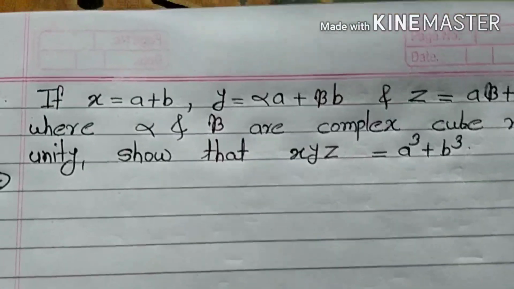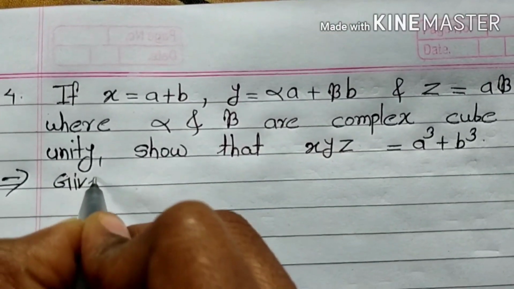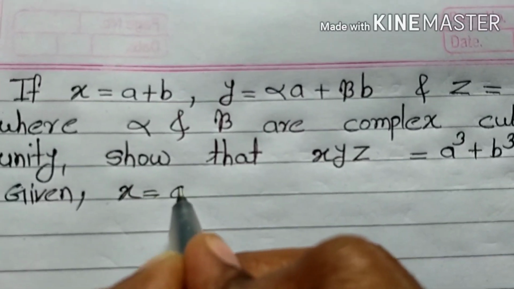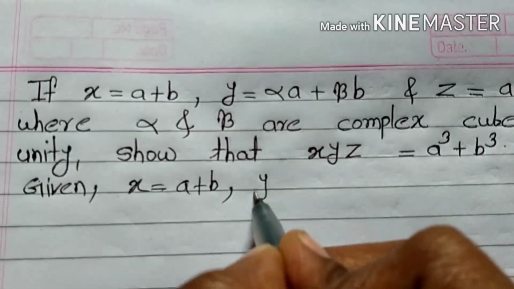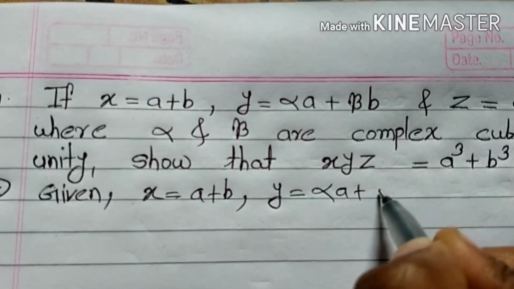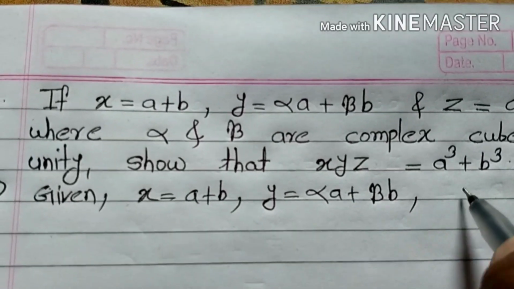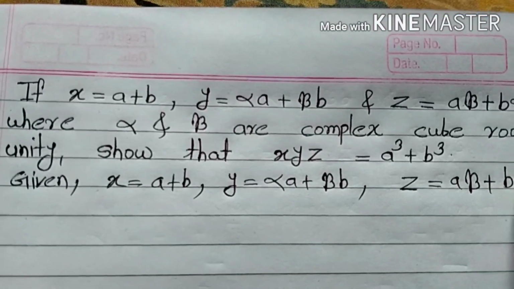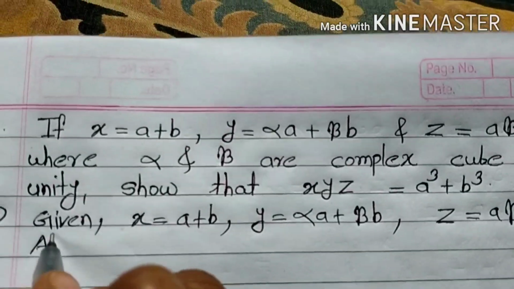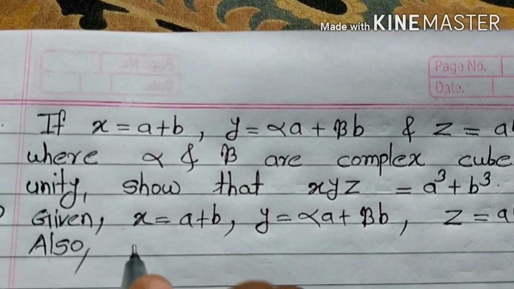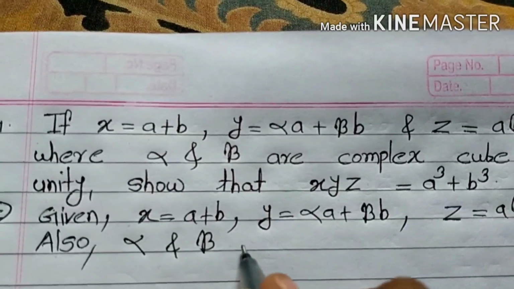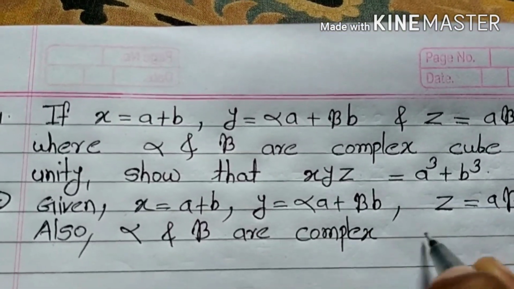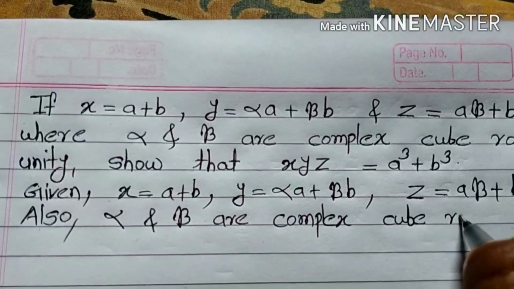So first write given. x is equal to a plus b, y is equal to alpha a plus beta b, z is equal to a into beta plus b into alpha. Also, alpha and beta are complex cube roots of unity.